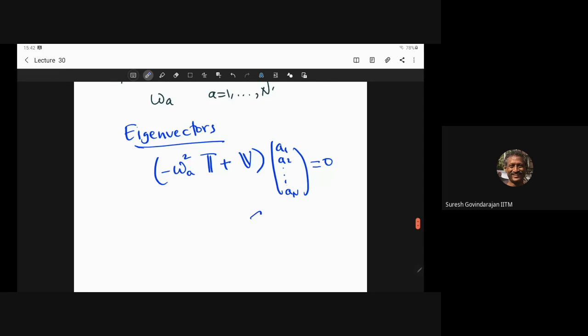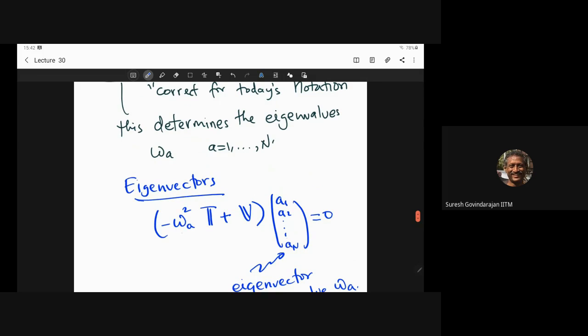So this is what we call an eigenvector with eigenvalue omega A. Our convention is that it's always coming as omega squared, so for every value of omega there's plus and minus, and we just assume that it is always positive or 0, not negative. We just make it unique.